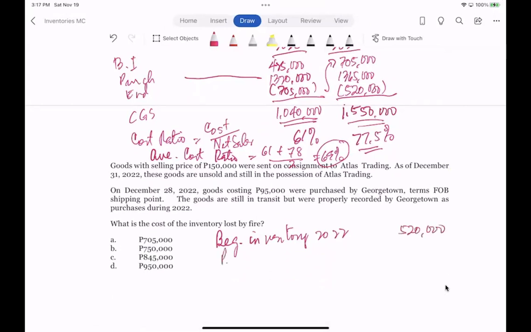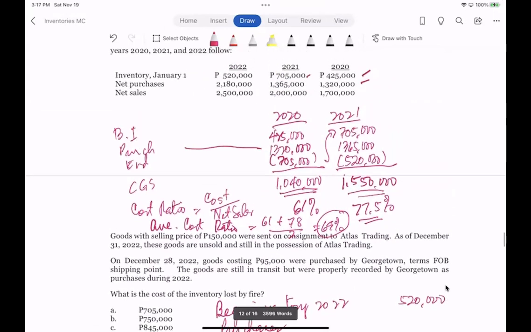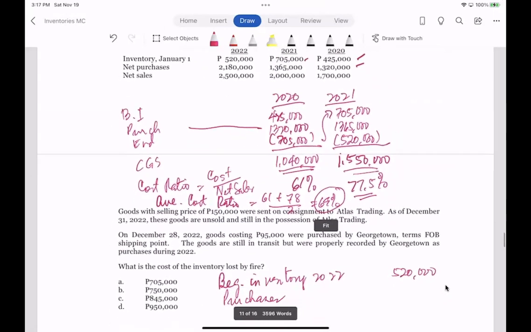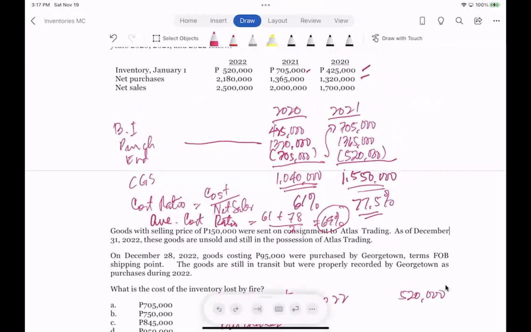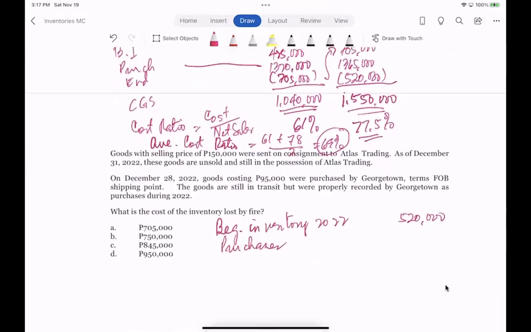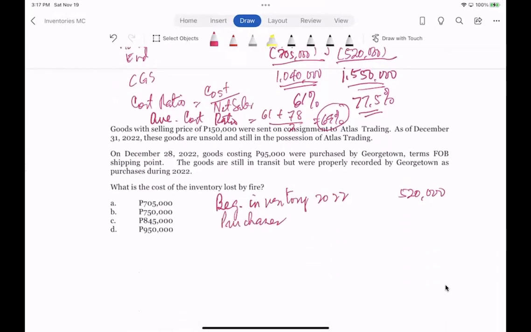Add purchases of 2180. I see my book. Sorry.